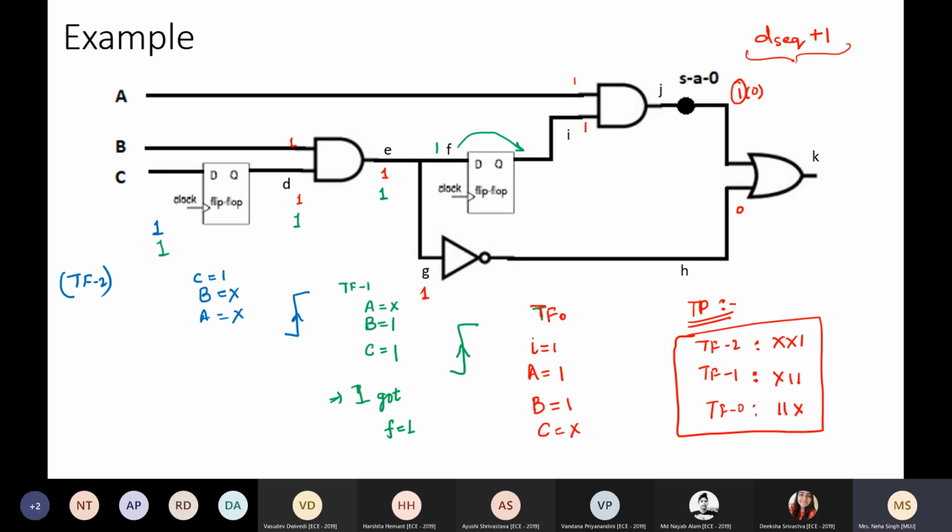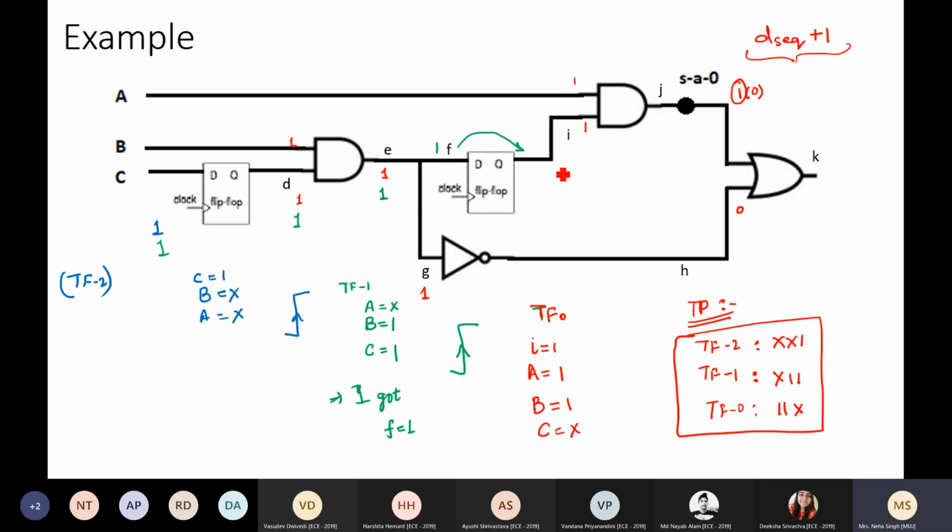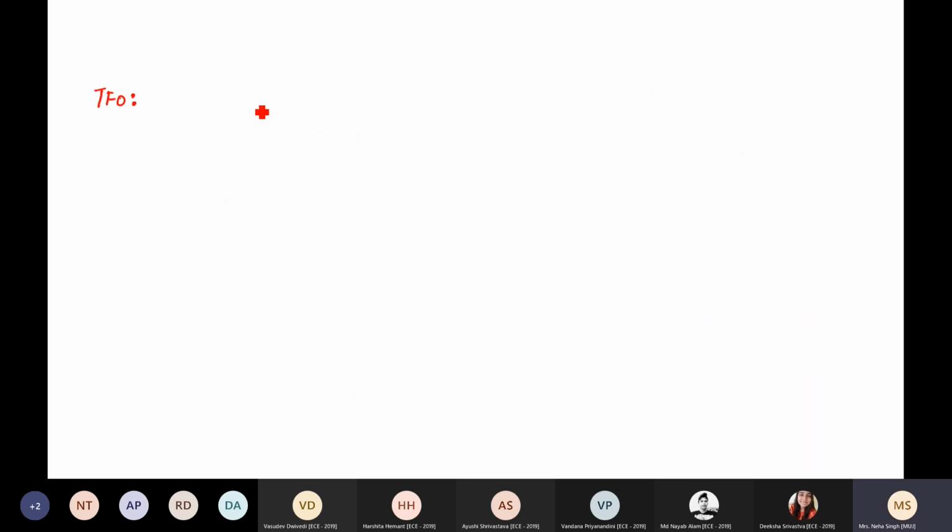This exercise that we have done here, how to write it in your examination, I'll put something here. So you will analyze firstly for TF0. Right, for TF0, I need to have, what is this wire?